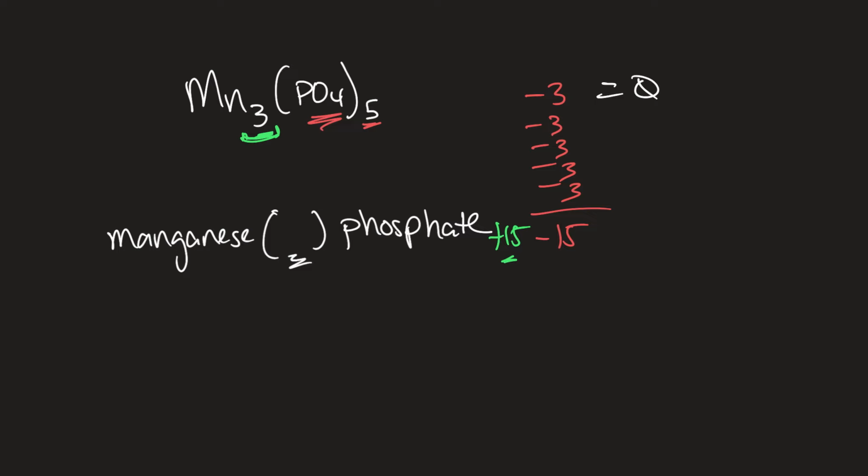If you do the division, we'll see that each manganese must have a plus 5 charge. This plus 5 is what we place here as a Roman numeral, and so it's manganese 5 phosphate. And so that's how we go about naming these type 2 compounds.